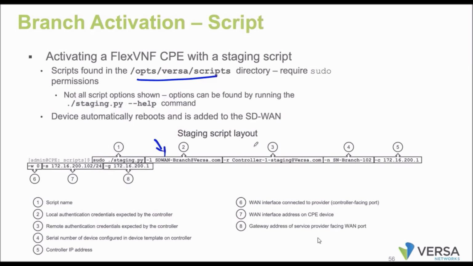What is -L, what is -R, what is the serial number you are interested in, what is -C, the controller IP address, and what is the WAN circuit you are trying to use. -W is WAN, 0 means VNI 0/0, 1 means VNI 0/1. -S is the static IP address, and then -G is the gateway IP address. All this information will be fed with the help of this script.